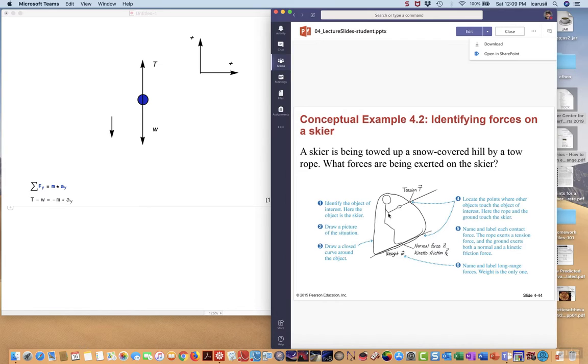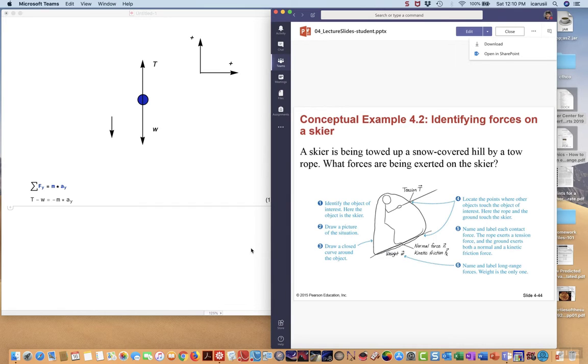We're trying to put the person in and everything like that. The circle is around the object of interest that the forces are acting on.